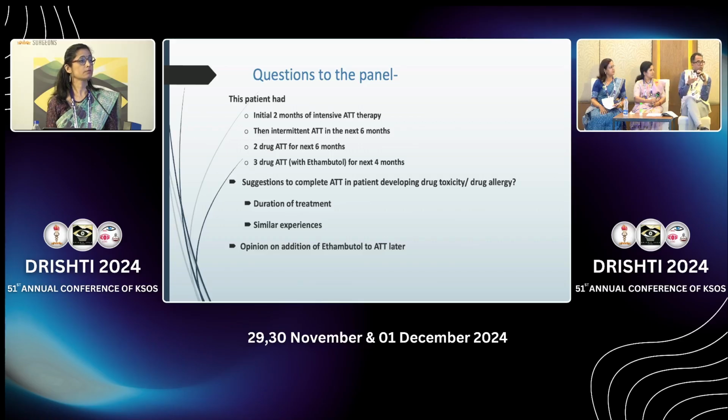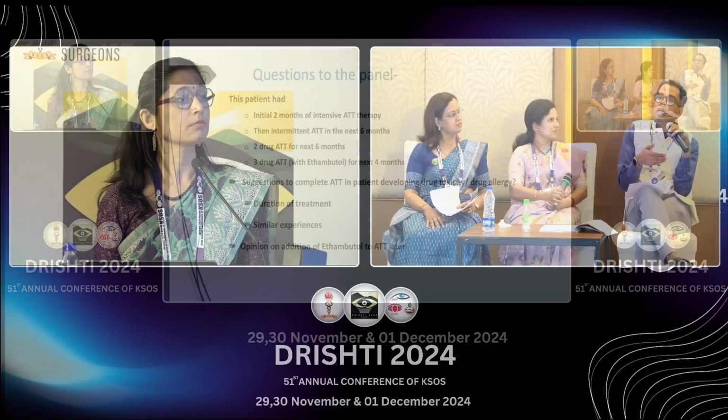I think Dr. Neetu is here, who was a part of our SANTU study. There we used a lot of immunosuppressives. Sometimes they were used by our colleagues as first-line treatment, and sometimes to prevent recurrences. So in cases of recurrence, I think it's better not to titrate the ATT. You have to think about how you can modify your anti-inflammatory doses.